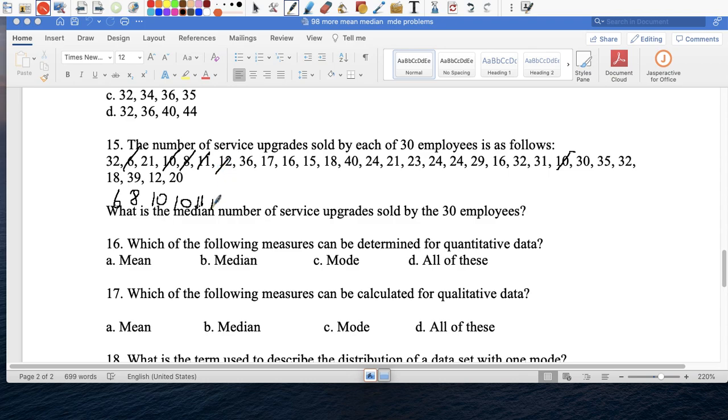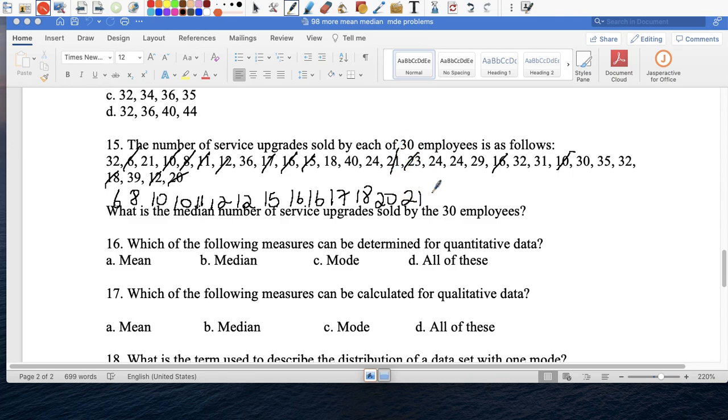There's a 12, and another 12 down here. And then it looks like it's 15, and then 16 twice. There's 17, yes, there's a 17 here. There's an 18. There's a 20. There's a 21.